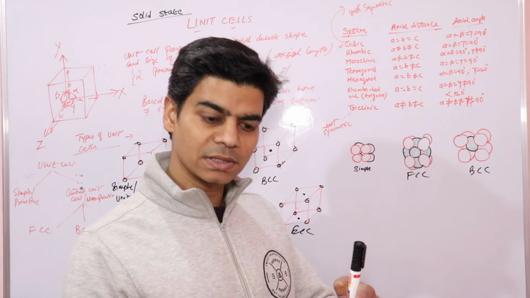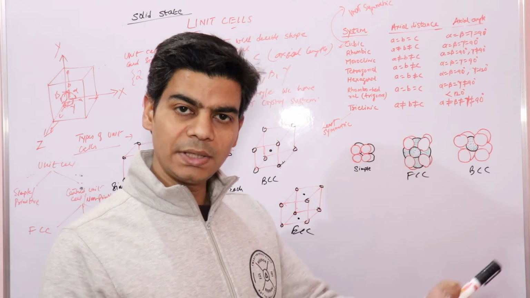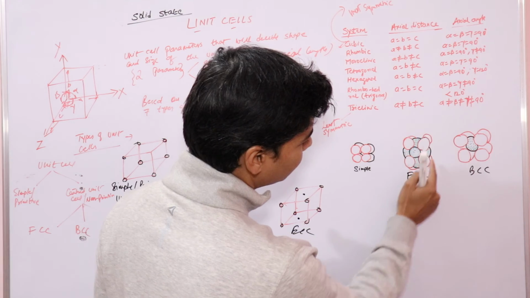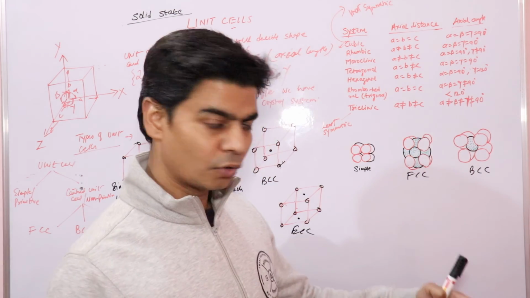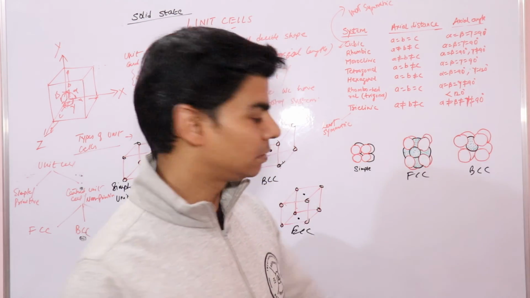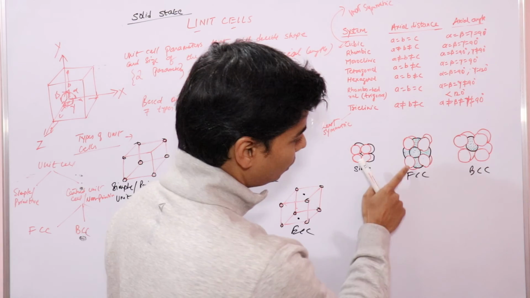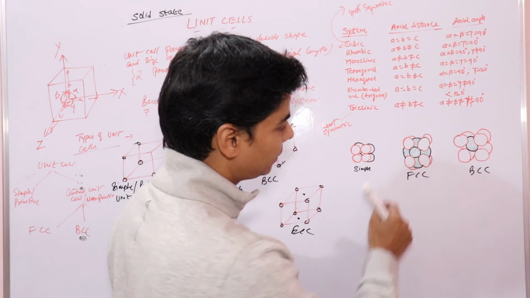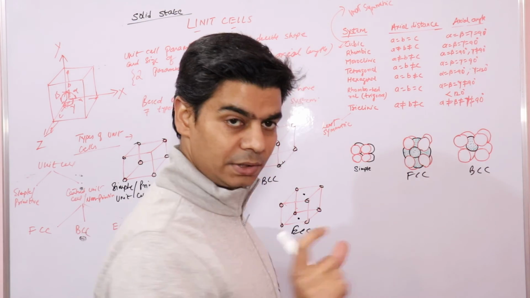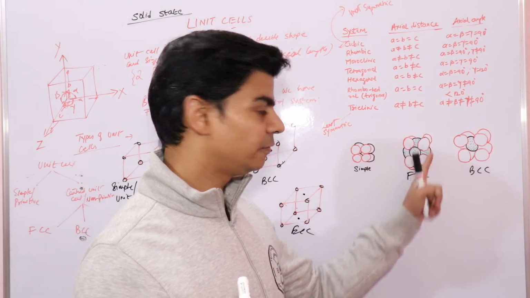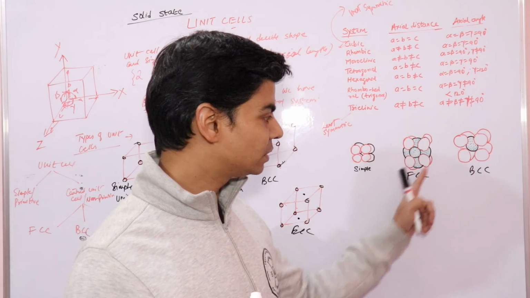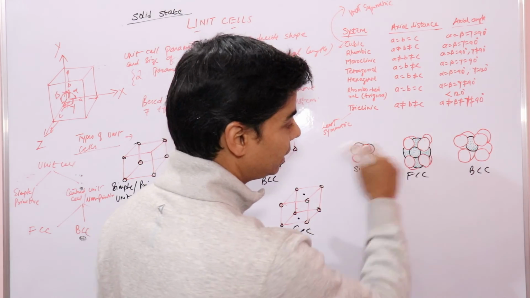Since this is in 3 dimensions, this represents the 4 particles at the back of it, so we have a total of 8 particles, right? And one is present at each face of this unit cell, which is represented in green.